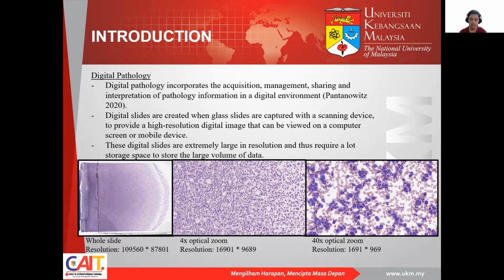In the middle is what we usually see when we view a slide under a microscope, which is usually at 4 times optical zoom with a resolution of 16,000 pixels by 9,000 pixels. And on the right is usually what we see under the microscope when we zoom in, which is usually a 40 times optical zoom, which holds the resolution of 1,691 pixels by 969 pixels.